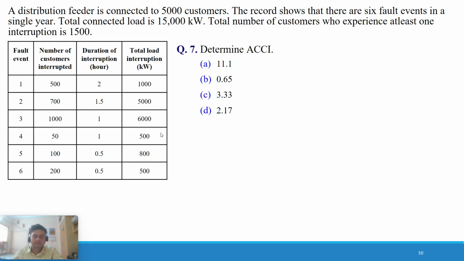Question number 7. We have to determine the average customer curtailment index. The following options are given. Just try it yourself. I am writing down the formula. Average customer curtailment index.